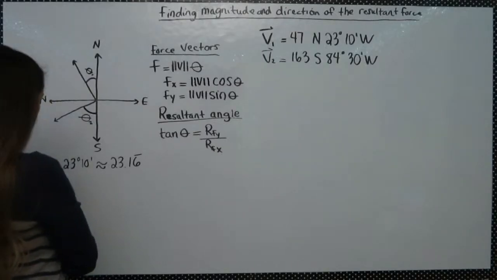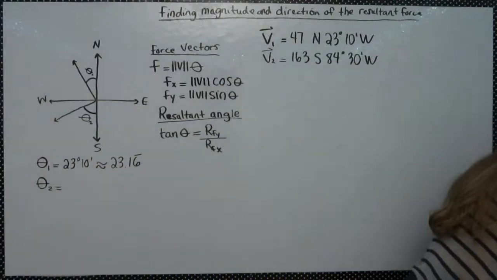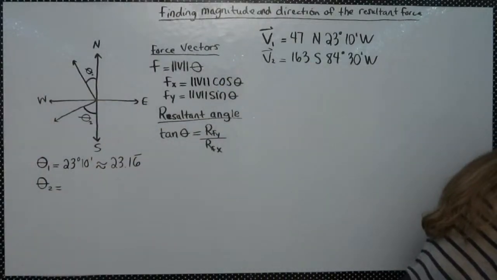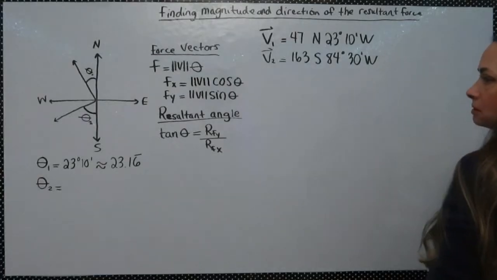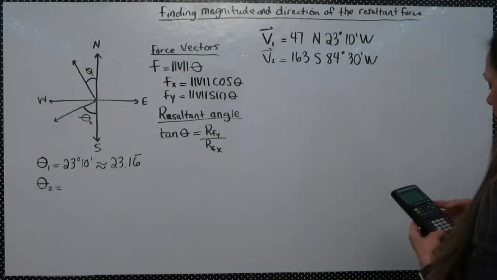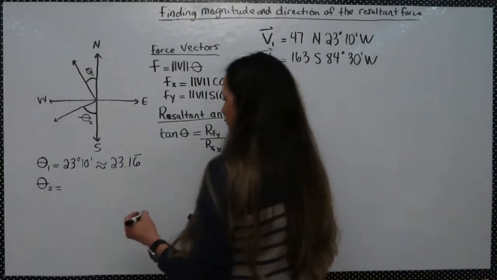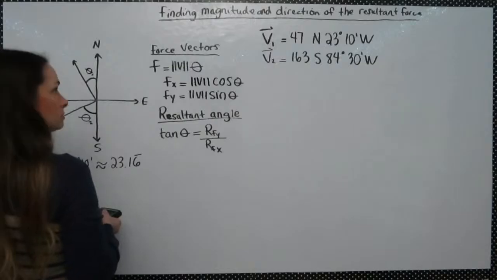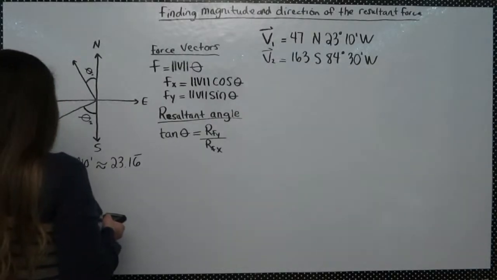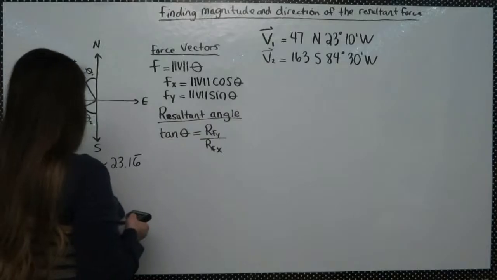So let's see, that's going to be, let's go ahead and put this one here. 84 degrees, 30 minutes is approximately 84.5. So we'll say 84 degrees and 30 minutes west.